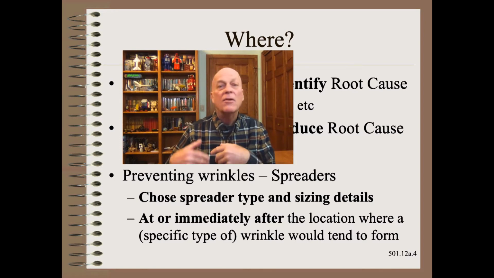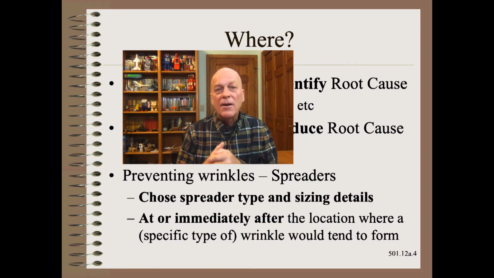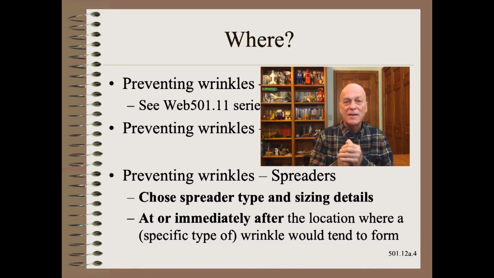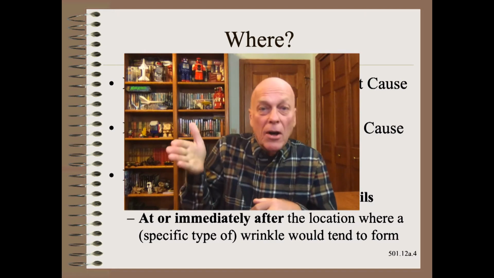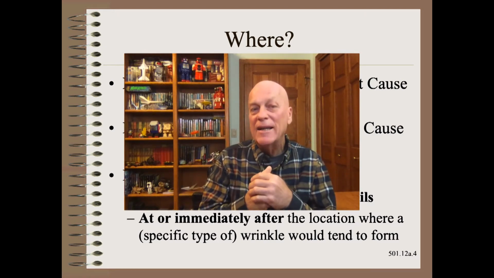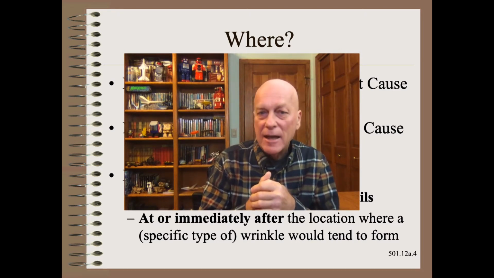Finally, after all of those details have been worked out, we get to the super simple where for the spreader location. In regard to preventing wrinkles, the spreader should be located at or immediately after the location where that specific type of wrinkle would otherwise tend to occur.